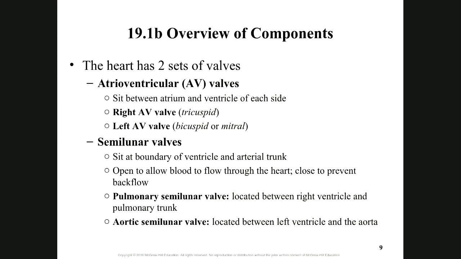Inside the heart, we have 2 sets of valves. 2 of our valves are called Atrioventricular Valve or AV valve. One of them is called right AV valve, and the other one is left AV valve. Pay attention. The AV valves are the valves which are located between the atrium and the ventricle in each side.